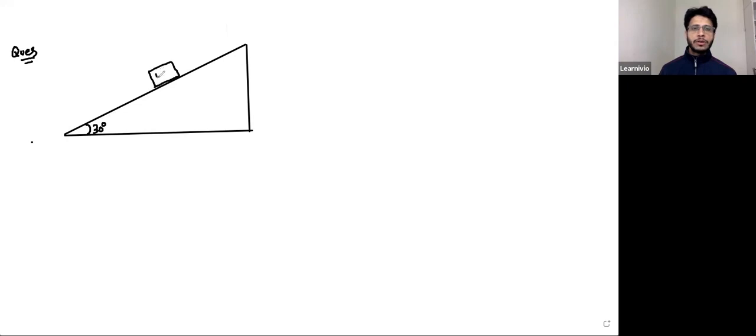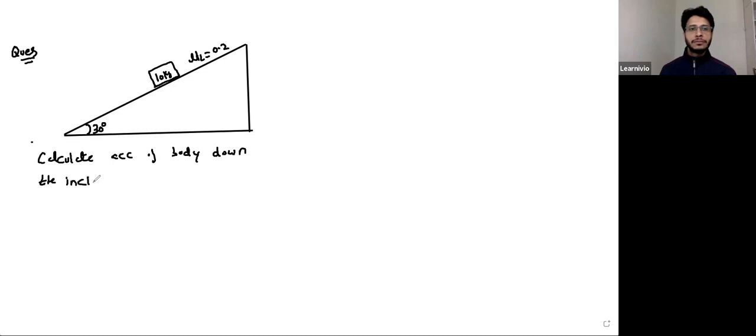I placed a body of 10 kg here. Coefficient of limiting friction is 0.2. Calculate acceleration of body down the inclined plane. Body is moving down the inclined plane. Calculate its acceleration.